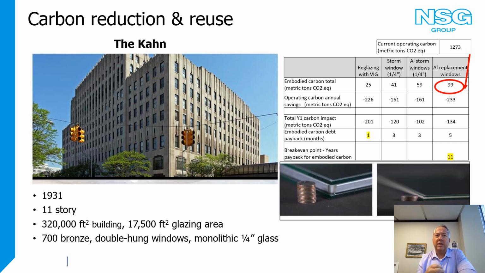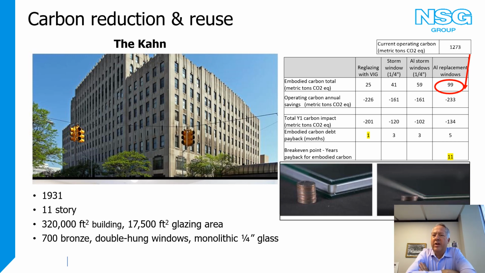The thing that we found is kind of intuitive and makes sense. The less stuff that you add, the less embodied carbon you add. So a reglaze of the existing materials adds the least amount of embodied carbon. But then if you couple that with the operational carbon, and I was a little surprised at this, the operational carbon is significantly more than the embodied carbon.